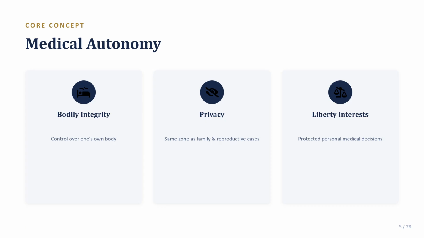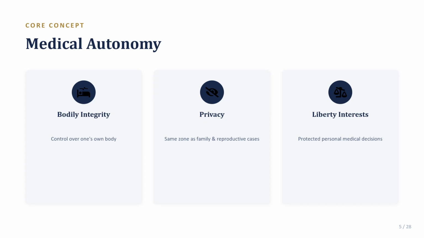Now, just ponder that. If bodily integrity, privacy, and liberty interests all overlap this heavily, why do you think the Supreme Court uses three separate terms instead of just picking one? I know that might seem like a weird question, but think about it.